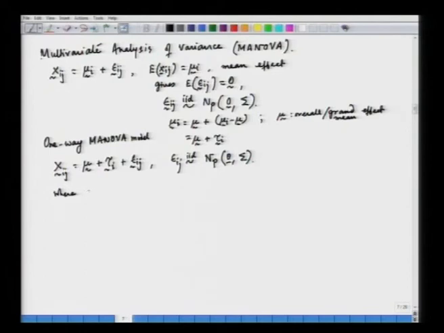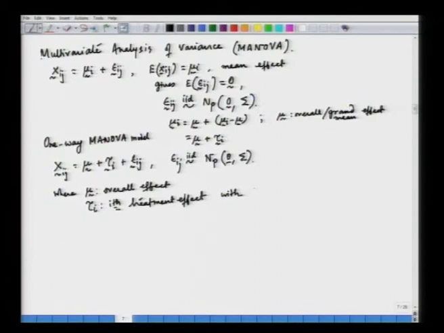Let us also give a brief introduction of these. So, we have mu, the overall or grand mean effect, and tau I, the ith treatment effect, where note that tau I is nothing but mu I minus mu.